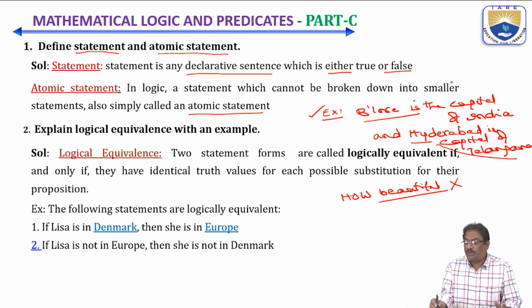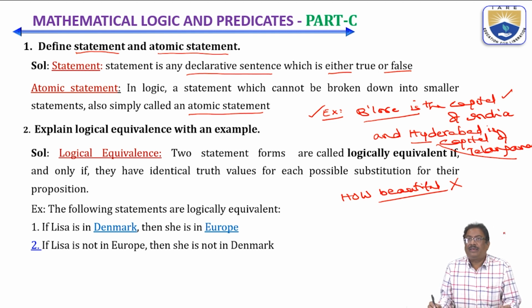Together this is also a sentence, but it is made up of two sentences, and these two sentences are not going to divide further. So we can say that these are the atomic sentences. An atomic sentence in mathematical logic is a statement which cannot be broken down into smaller statements. Such statements we call atomic statements.